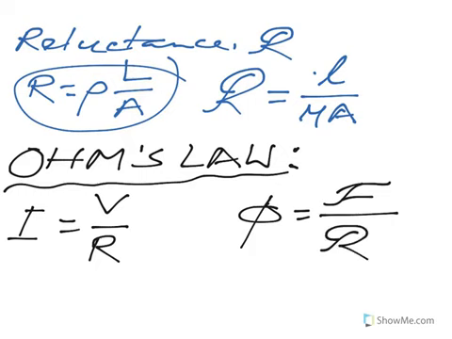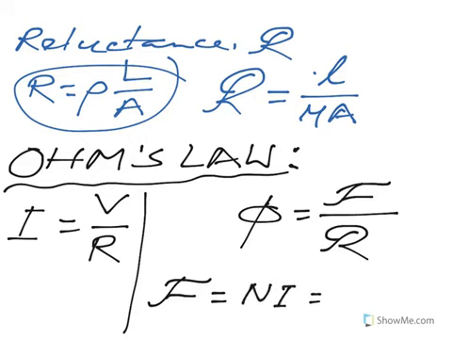The magnetic motive force, which is very similar to the voltage in an electrical circuit, is by definition equal to N times I, where N is the number of turns and I is the current through the coil.